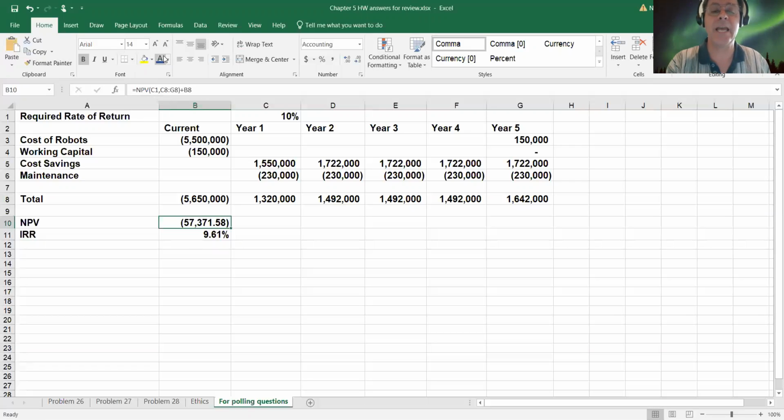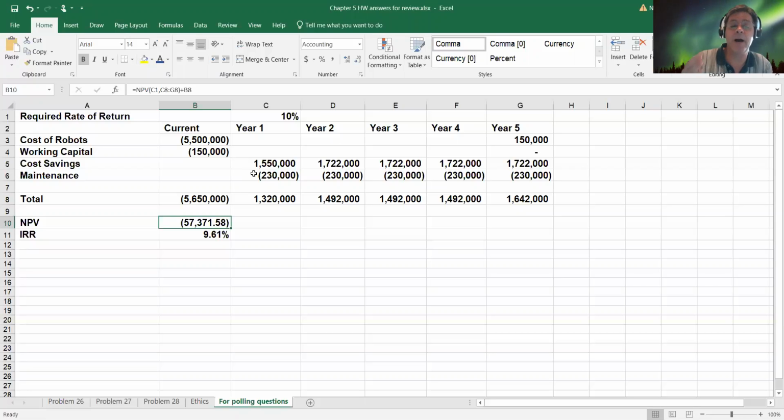So in this case, your first blush would be don't go ahead with the robots. However, with this large of an investment, that's a fairly small negative NPV. And therefore, looking at other qualitative factors and running some additional scenarios would be a good idea, especially with this size of investment.